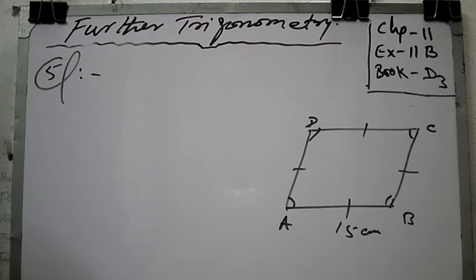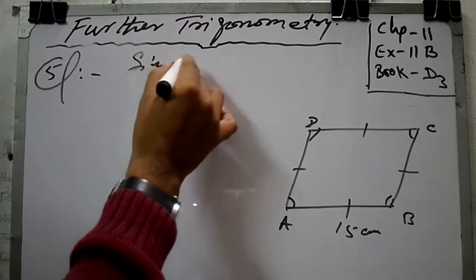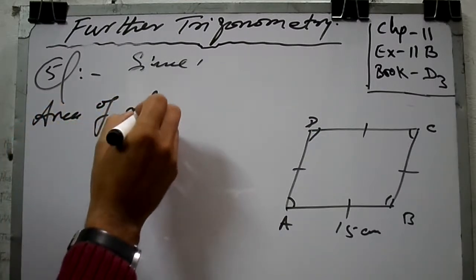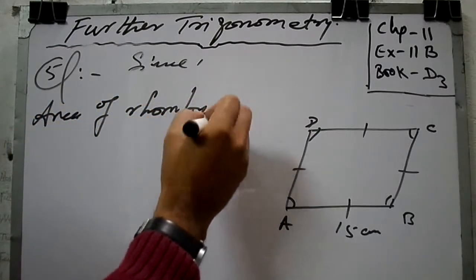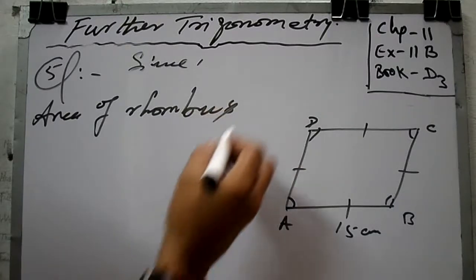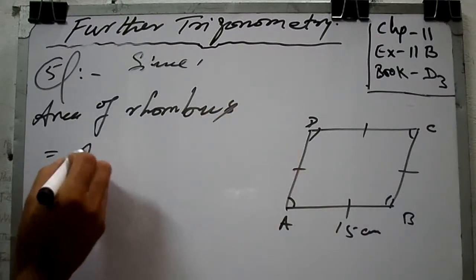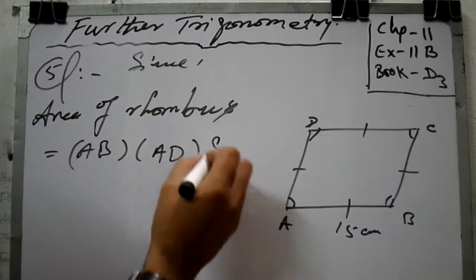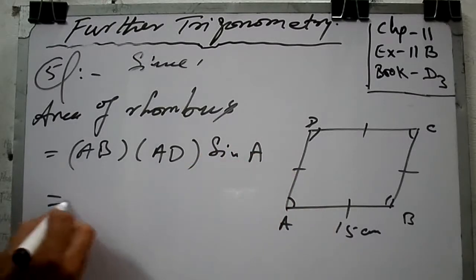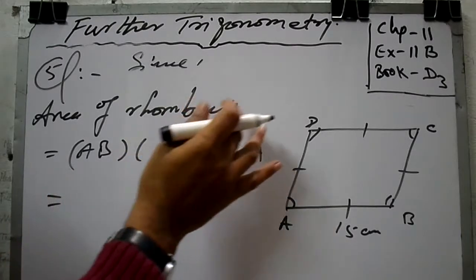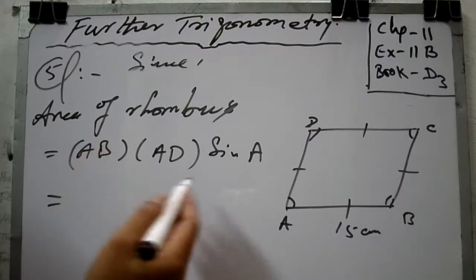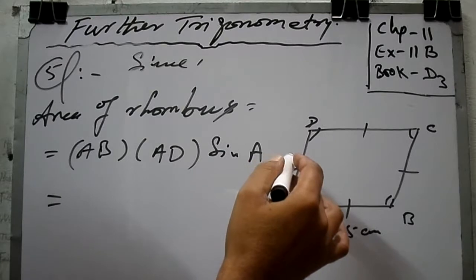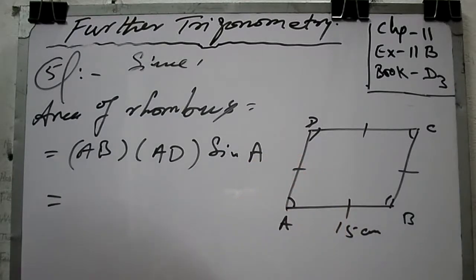Now the area of rhombus is equal to AB into AD, because base into altitude, into sine A. The area of the rhombus is given to us, that is equal to 40 centimeters square.